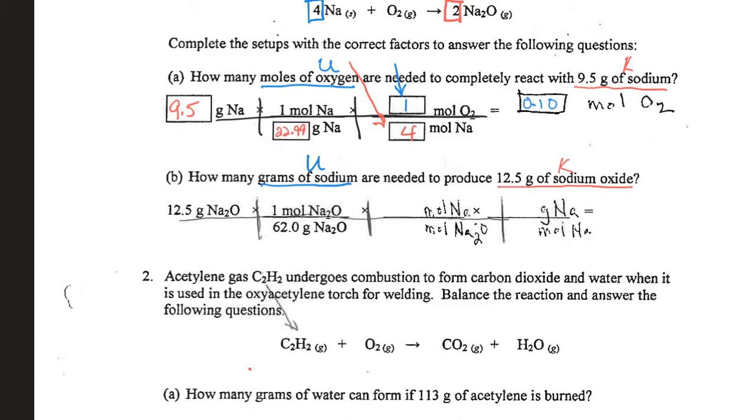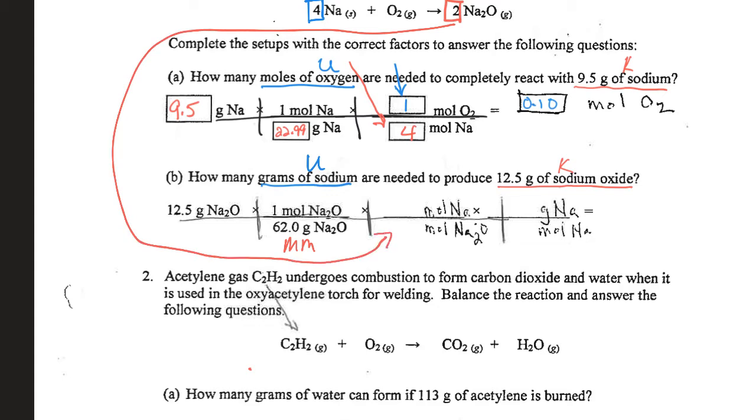This is the molar mass of Na2O per 1 mole of Na2O. And now I'm going to need my bridge to go from Na2O to sodium, Na. So this is going to come into this box right here so that my units match off. So 2 moles of Na2O.